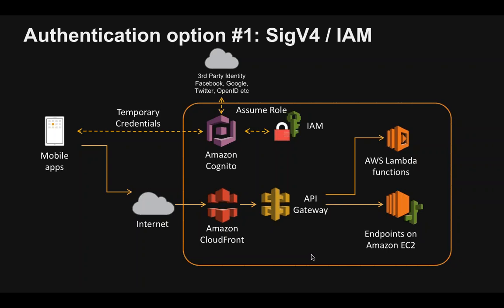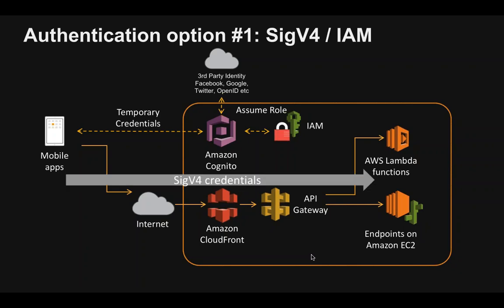Once the external identity provider verifies a user, Amazon Cognito will return a set of temporary credentials to the application. In this case, the mobile application will use these temporary credentials to calculate the SigV4. So that SigV4 is then included in the authorization header before sending the request to Amazon API Gateway. These credentials are used by API Gateway to authenticate the request and can be passed through to Lambda as well.